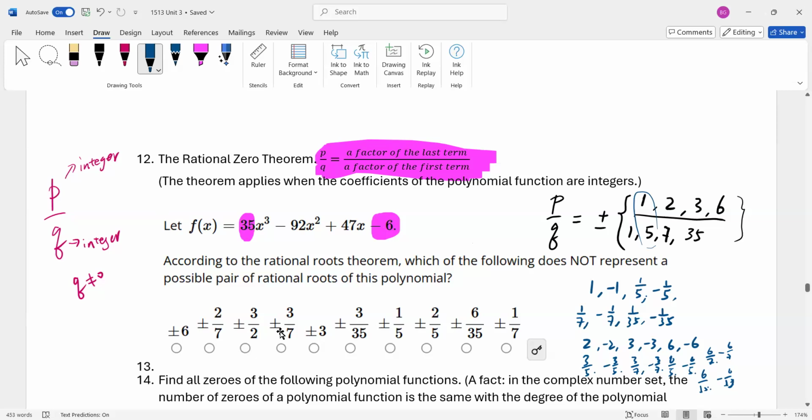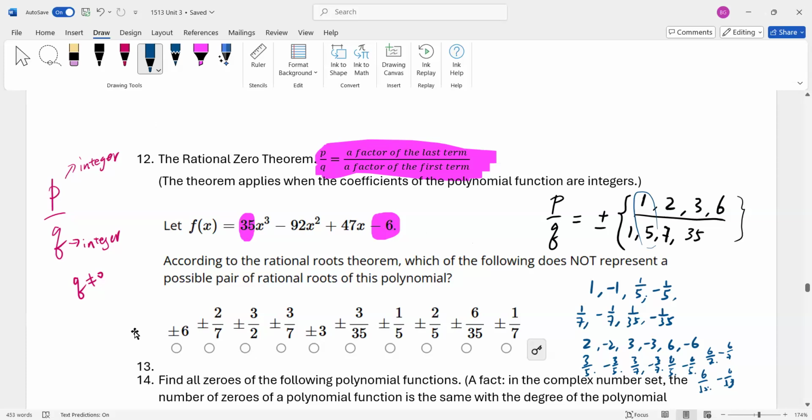Then let's go over the options here. According to the rational roots theorem, rational roots theorem or rational zero theorem is the same thing, okay? Which of the following does not represent a possible pair of rational roots of the polynomial? How about we determine which one is the potential, and then the rest of them are the ones that are not possible rational roots, okay?